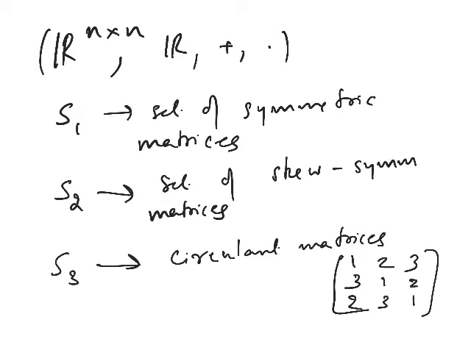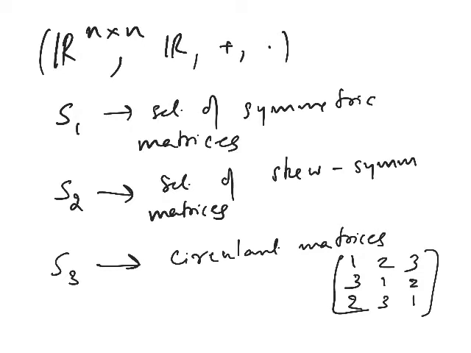Okay, Sahil, the question is, your vector space is the set of all n cross n matrices. I'm giving you one subset S1. S1 consists of the set of all symmetric matrices. S2 is the set of all skew symmetric matrices.